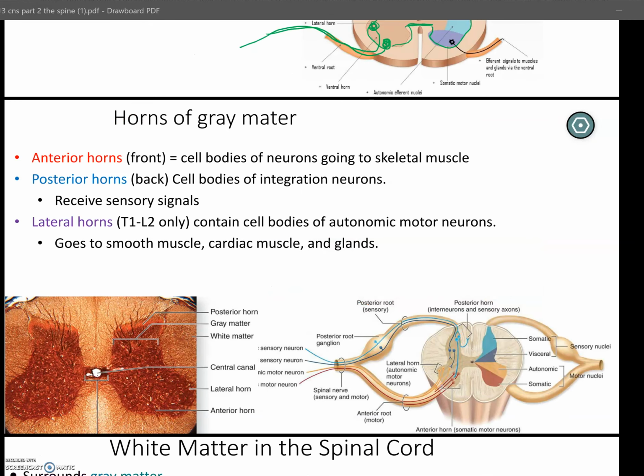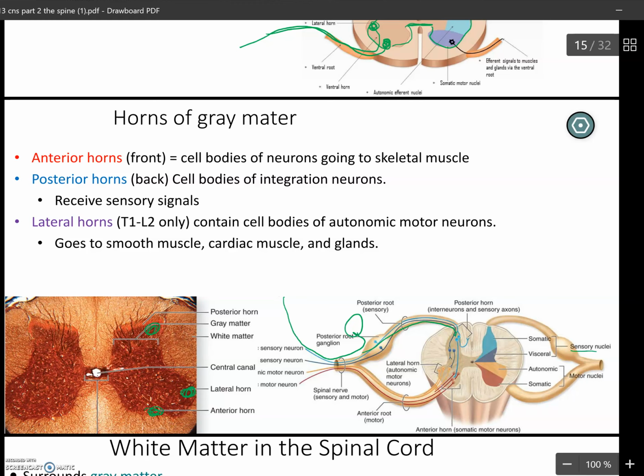So, like I said, there are 2 or 3 horns. We have our anterior horn here, lateral horn here, and posterior horn here. What happens is sensory signals, so afferent signals, are going to come in, and there is our cell body, and they're going to go to nuclei in the posterior horn. Remember, a nucleus is gray matter surrounded by white matter.